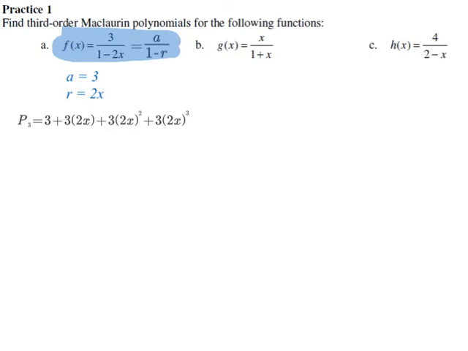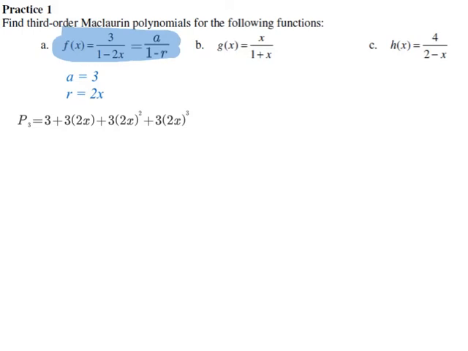And then to get from my second term to my third term, I multiply in another 2x, so I get 3 times 2x quantity squared, and then multiply in another 2x, so 3 times 2x quantity cubed, and I stop after that fourth term because I asked for a third degree polynomial. We'll talk about the difference between an order and a degree in class, but it stops at an x cubed, okay? In the interest of time, I'm not going to simplify this, but go ahead and simplify this to distribute those exponents and so on.